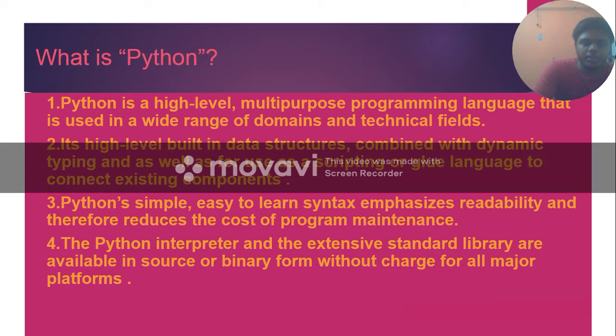It is becoming a tool for the software industry for doing programs, with high-level built-in data structures. It is combined with dynamic typing and also scripting, or glue language, to connect existing components.